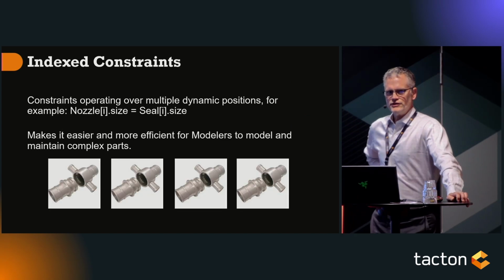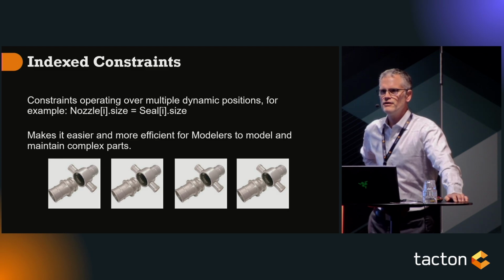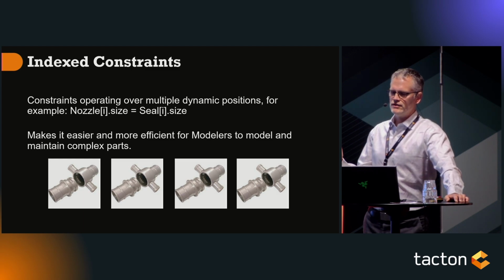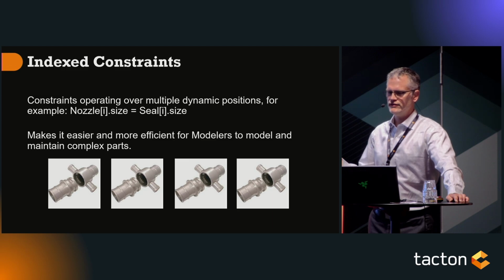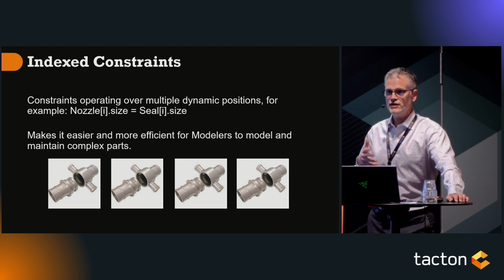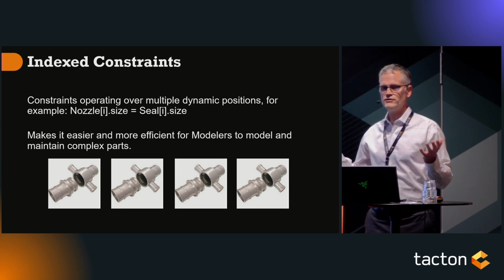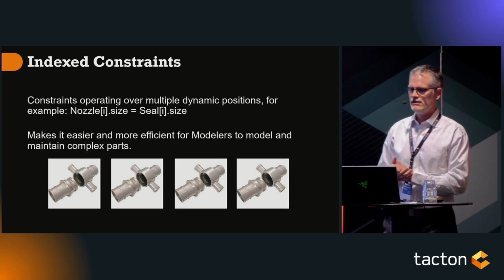Something for the modelers: index constraints. This is something that everyone using Studio and TCX modeling is well aware of. It has not been around in product modeling on the web previously, but this year we did release it. If you have repeating parts, in this example a nozzle seal pair, and we have a dynamic number of those, we need to describe that using constraints.